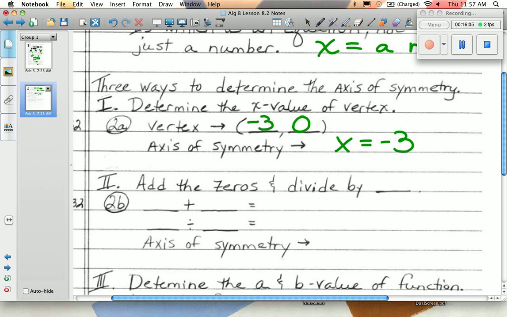We can find the zeros, because those would be the places where it's crossing the x-axis, and halfway between should be the vertex, halfway between, because that's where it makes its turn, and then it starts doing the same behavior. So this one, what are the zeros of that parabola? 2b. What are the zeros?